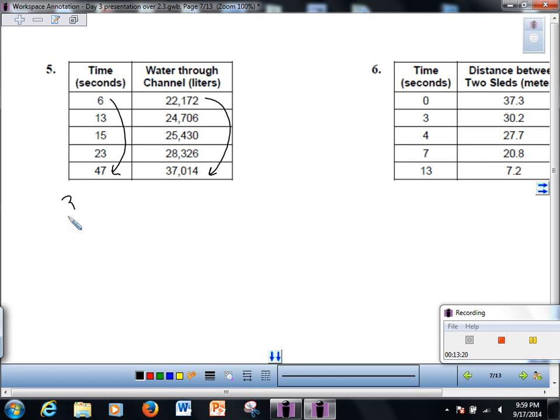I'm going to go 37,014 minus 22,172 over 47 minus 6.